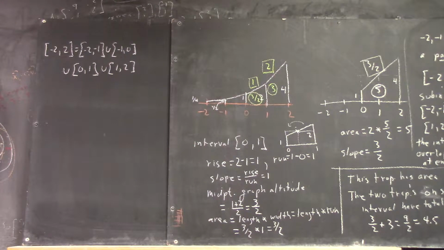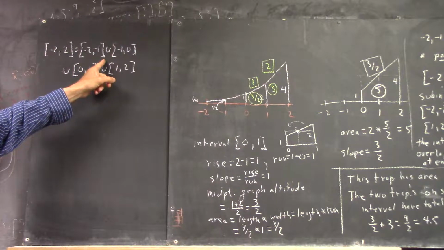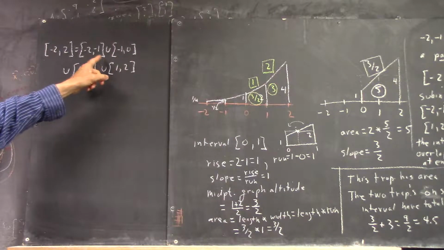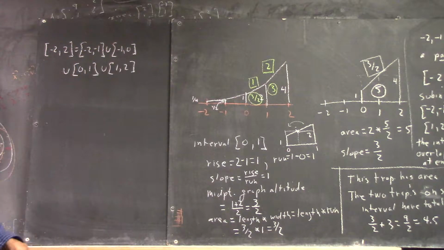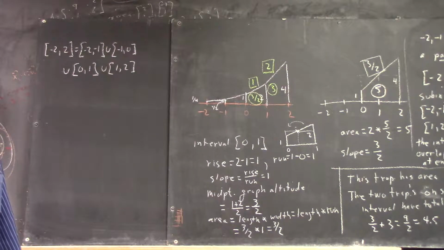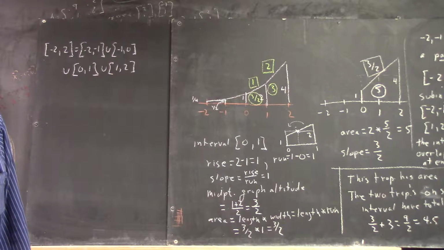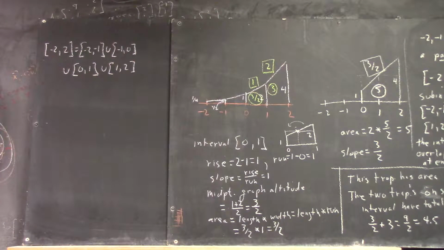Now, we might decide that we would want to use half-open intervals, so this would be a parenthesis, this would be a parenthesis, this would be a parenthesis. Then we wouldn't even have to worry about whether there's overlap. That's also a pretty good idea. But I'm going to stick with the closed intervals, although it's not really the way you rigorously define a partition.